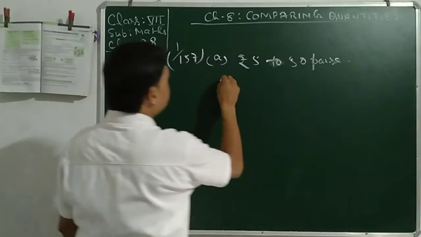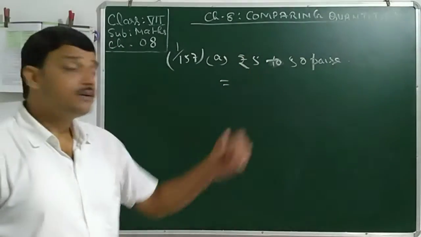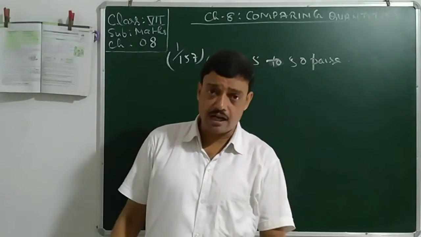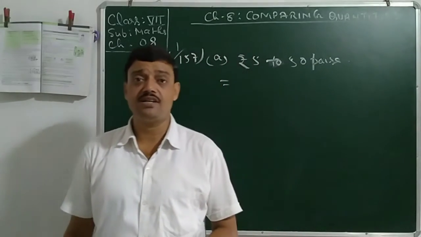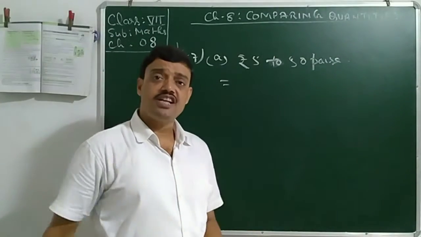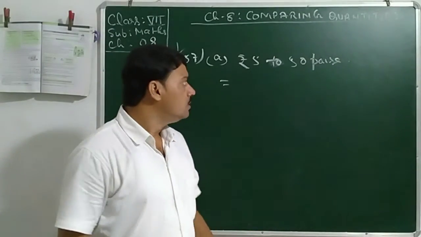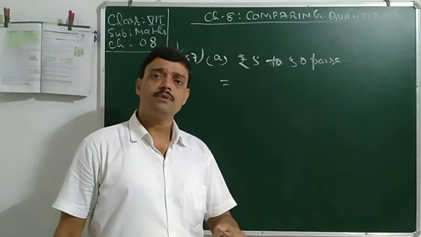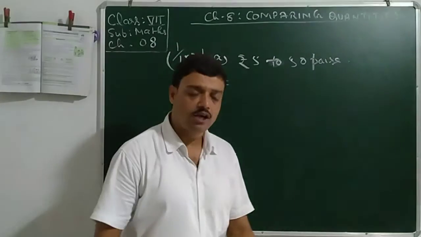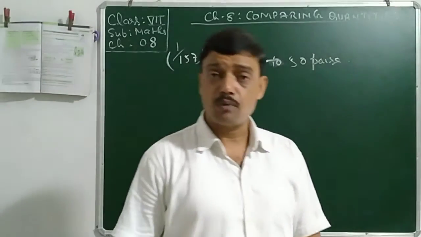We can write rupees 5 as 500 paise, because one thing more I did not discuss: to compare the quantities, to find the ratio, units must be the same. If there are different units, you can't go for the ratio or find the proportion.